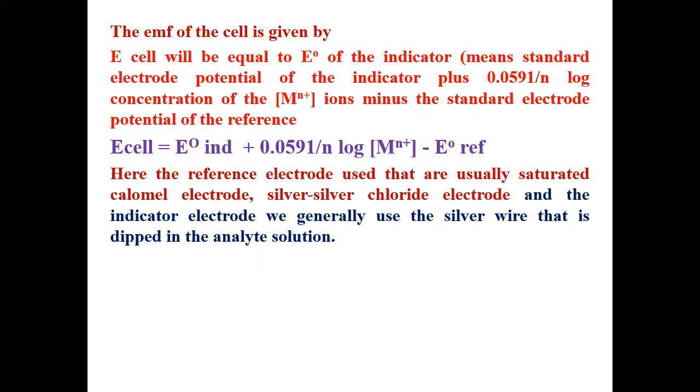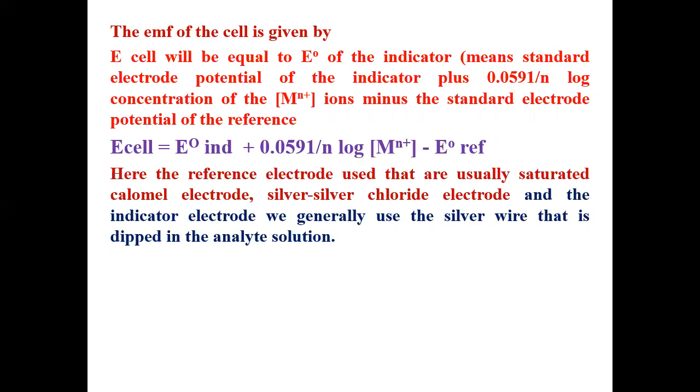Here the reference electrodes used are generally the saturated calomel electrode or silver chloride electrode, and as the indicator electrode we generally use a silver wire that is dipped in the analyzed solution.